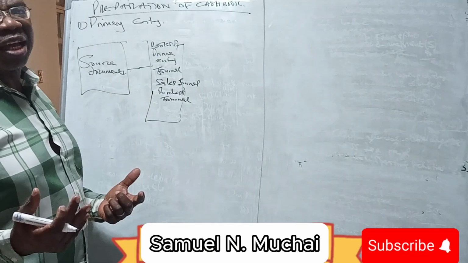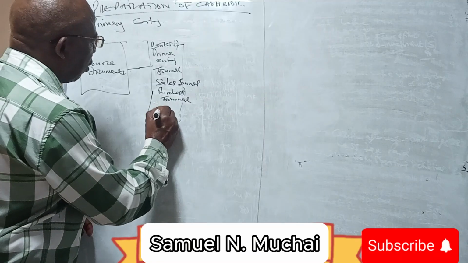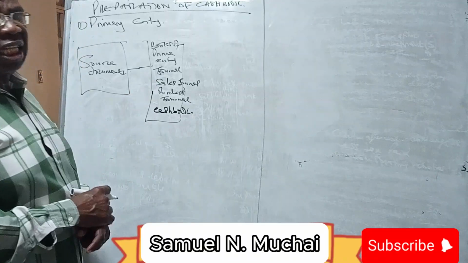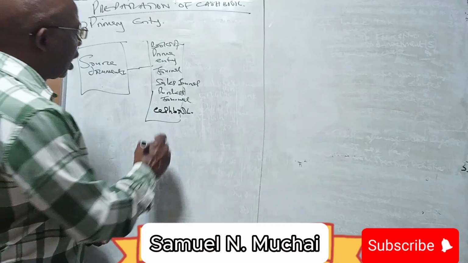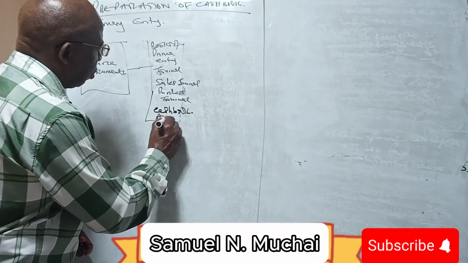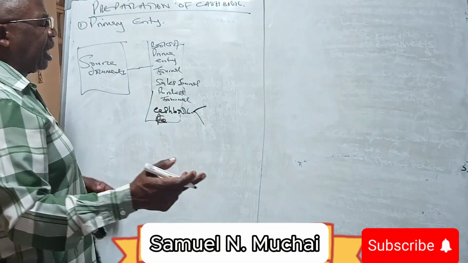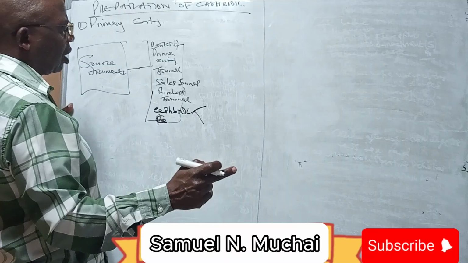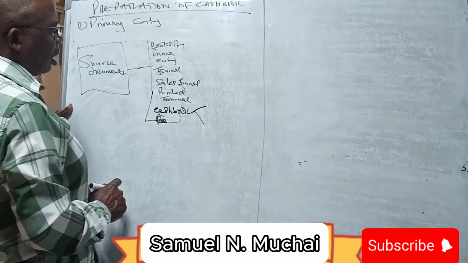What about when we sell in cash? Whatever we sell in cash, we record in the cash book. Whatever we pay in cash, we record in the cash book. So sales on credit, we record in the sales journal. Purchases on credit, we record in the purchases journal.